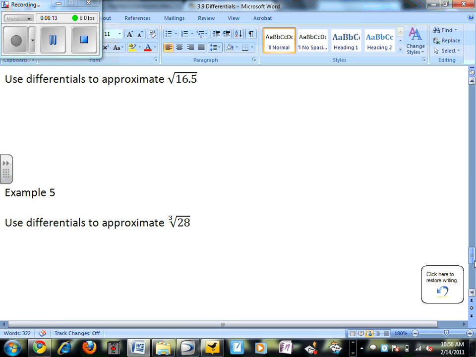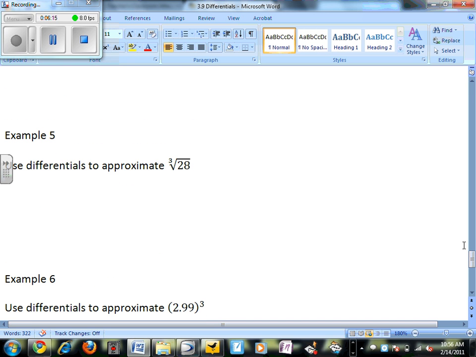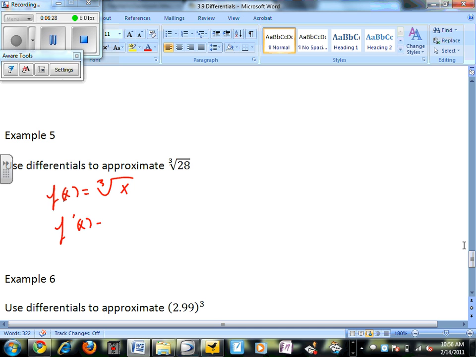So here we go. Let's try this one. Now we have the cubed root of 28. So let's write our function. Our function is f of x equals the cubed root of x. Let's find our derivative. F prime of x is 1/3 x to the negative 2/3.